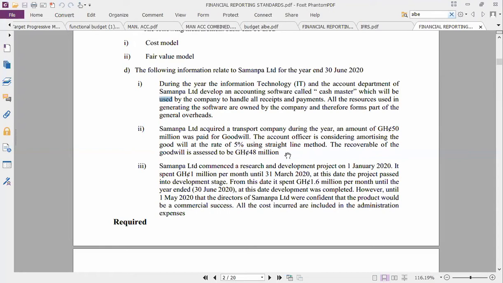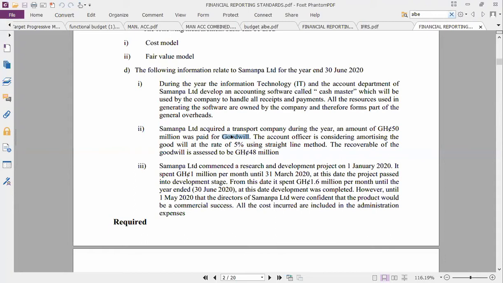The recoverable amount of the goodwill is assessed to be 48 million. Now, goodwill, which classification does it belong to? Goodwill belongs to intangible assets that do not have a definite life. How do you treat it in the books?